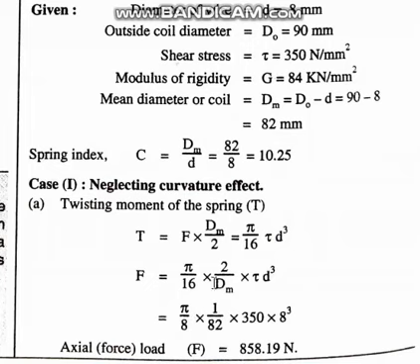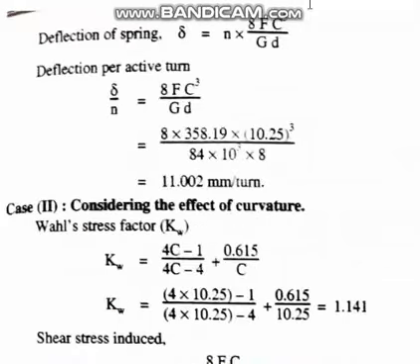So this 2 cuts and 8 remains. This dm is 82 and tau is 350. From this now you can find out what is the actual force. Okay, this is purely without considering the Wahl's correction factor.